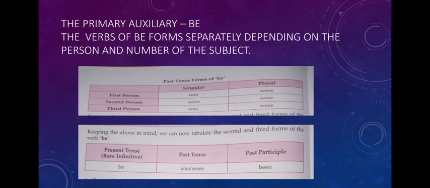This is how we use them. Now, keeping this in mind, we can form the second and third forms of the verb be. The base form of be is be. The past tense of be is was or were, depending on whether the subject is singular or plural. And the past participle of be is been. I hope this is clear. Whether it is plural or singular, the past participle will be been.